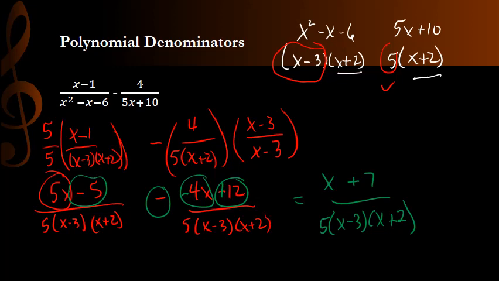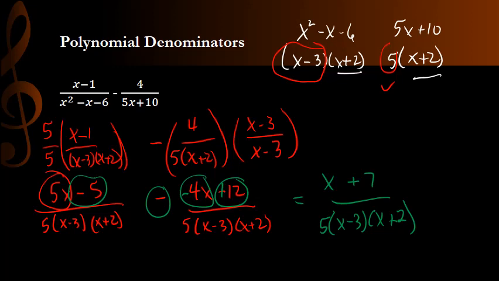Okay, that wasn't too bad. Factor it first. Look for your missing factors. Take those missing factors from each expression and multiply by them so that it equals 1. Do your distribution, combine your like terms, and you can handle it.